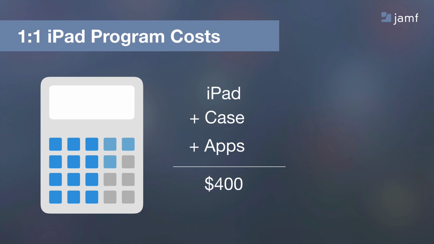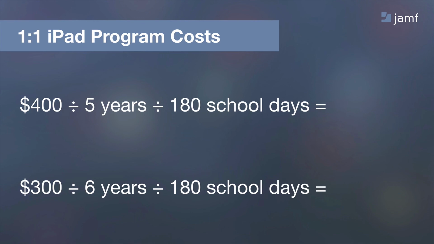So Jamf has a fee with it, but so do Chromebooks to have a management fee. And we actually have seen that the fee for Jamf is about half of what it is for a Chromebook annual fee. So that's also a cost savings.